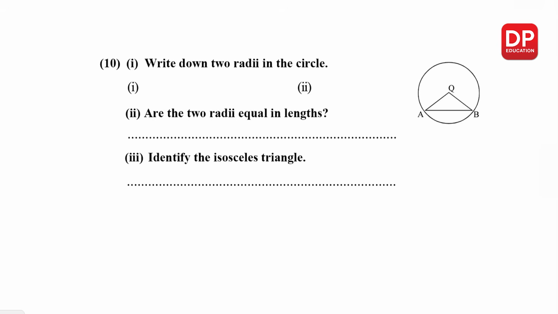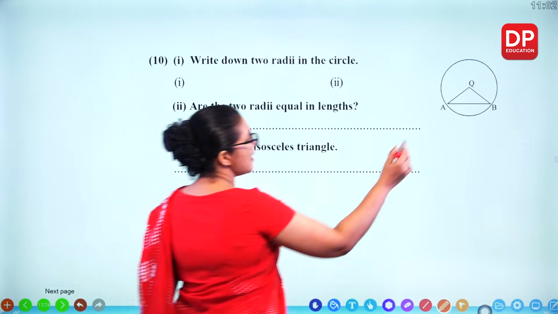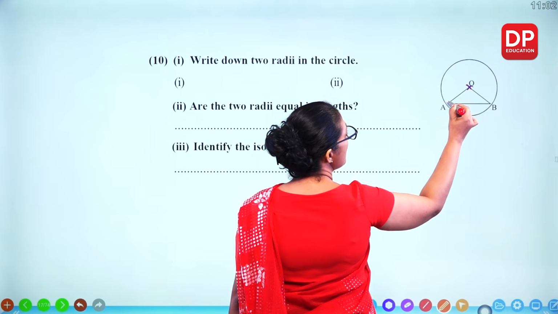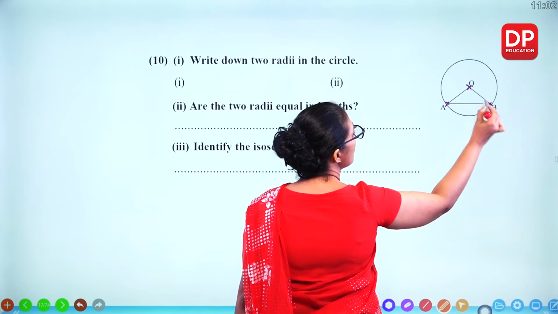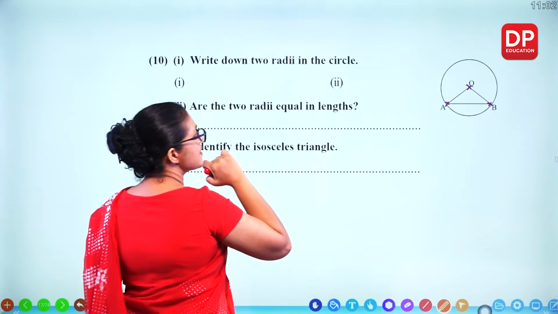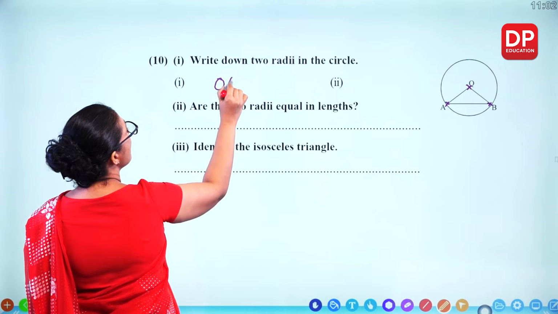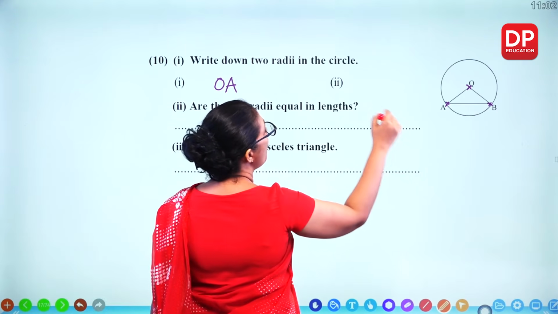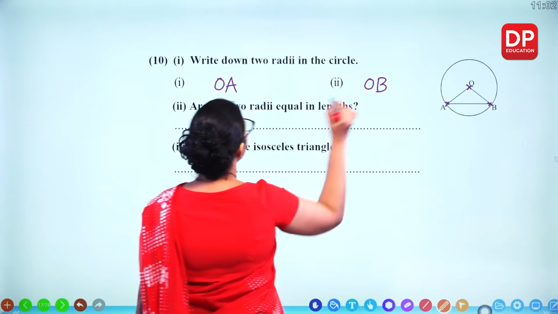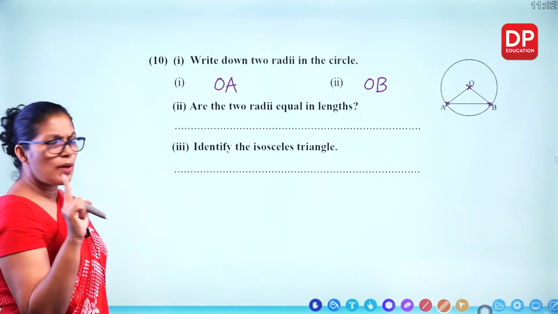Write down 2 radii in the circle. So here this is the center. Center to any point on the circle we call radius. So 2 radii, OA and OB. Are the 2 radii equal in length?